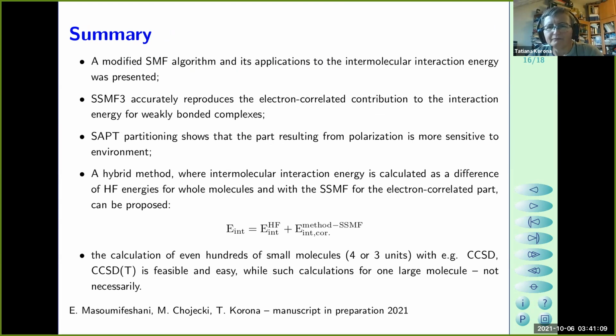The electron correlated part is reproduced very accurately on the given level of fragmentation, which is SMF-free. But the Hartree-Fock part is not reproduced as well as one can wish.